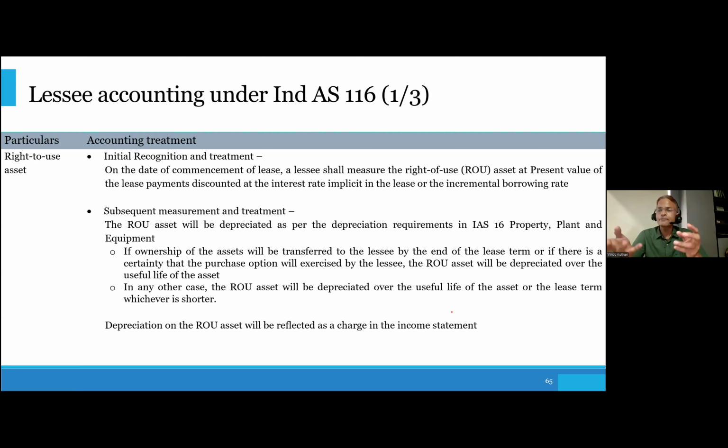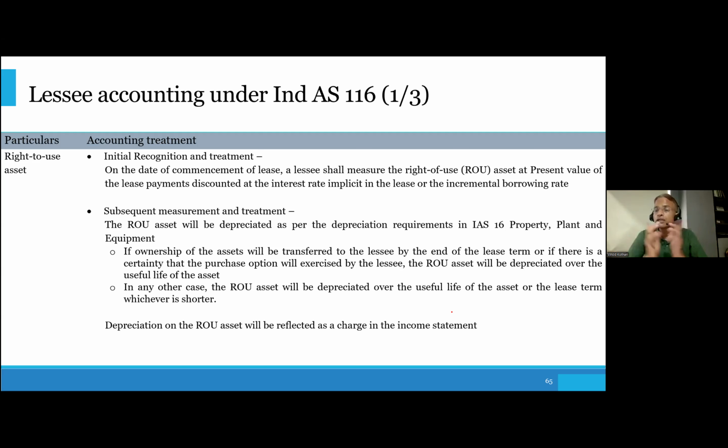So obviously, the useful life will be longer than the lease tenure. Therefore, practically speaking, the depreciation of the ROU asset will be over the lease tenure. If the lease tenure is 3 years, we'll depreciate the ROU asset over 3 years. If the lease tenure is 5 years, we'll depreciate the ROU asset over 5 years.